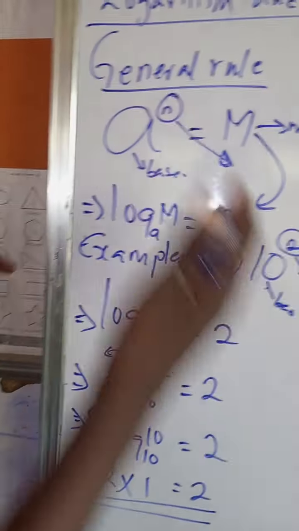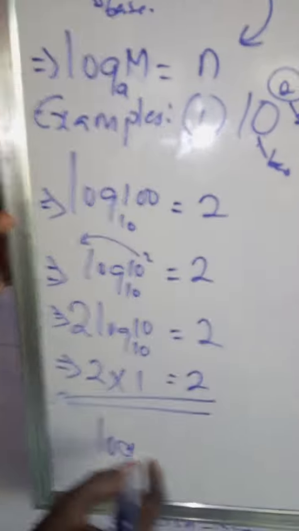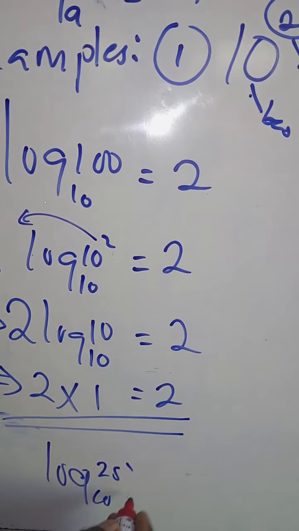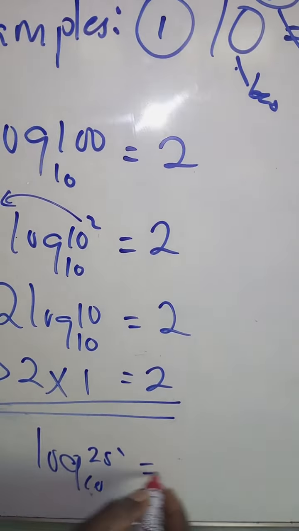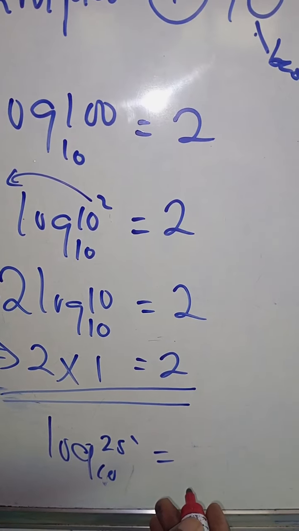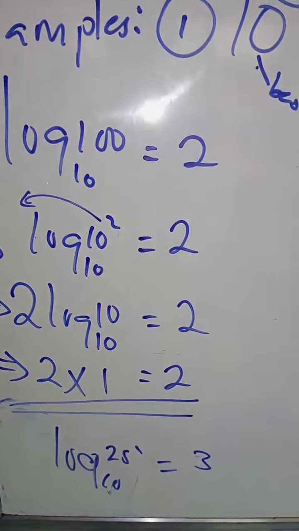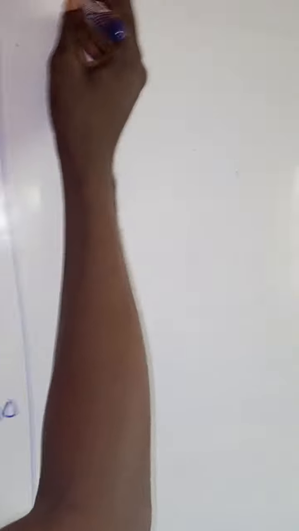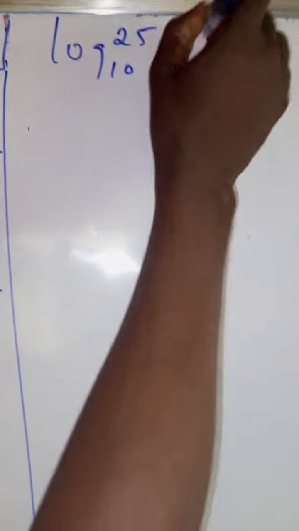If we are given log form and you put it in indices form, let us say log 25 base 10, someone just says maybe it is equal to, let's say, 3. I'm just giving it for instance. Now we have log 25 base 10 is equal to 3.